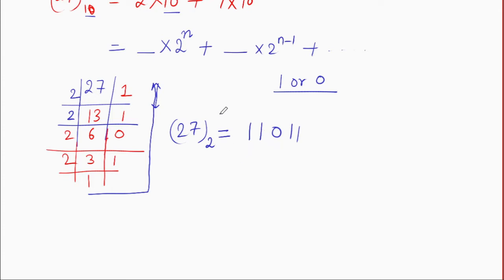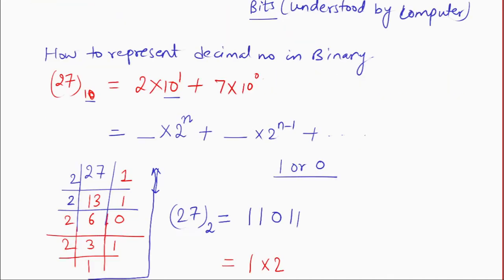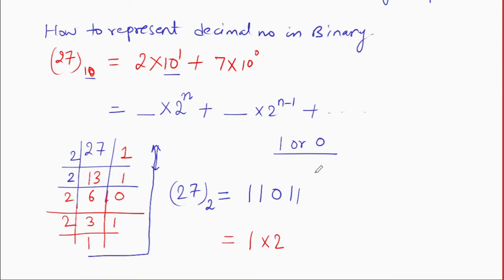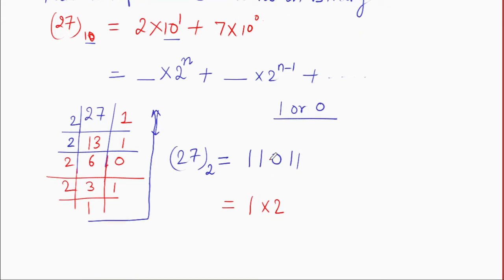And in case you want to validate whether it is 27, this can be represented as 1 into 2 power, and one can check from 10. Here how many digits are there? 2. Here it is 10 power n minus 1, so the number of digits minus 1. Here the number of digits is 5: 1, 2, 3, 4, 5.